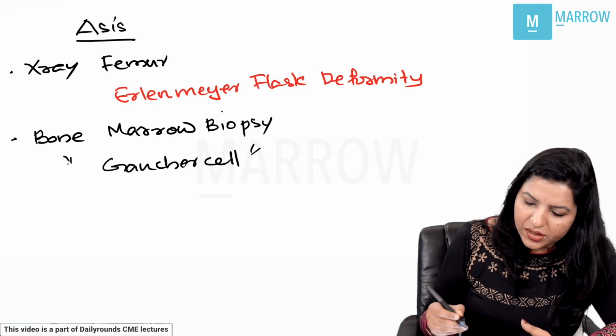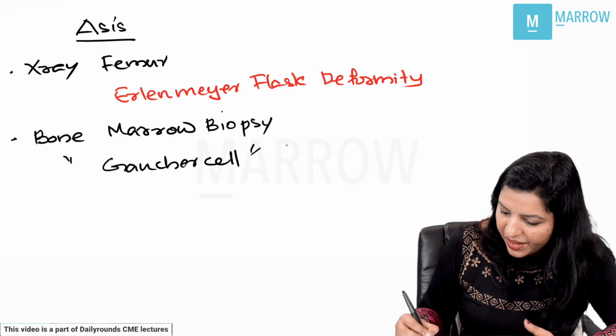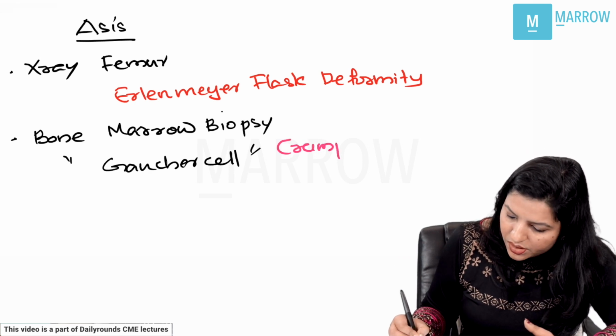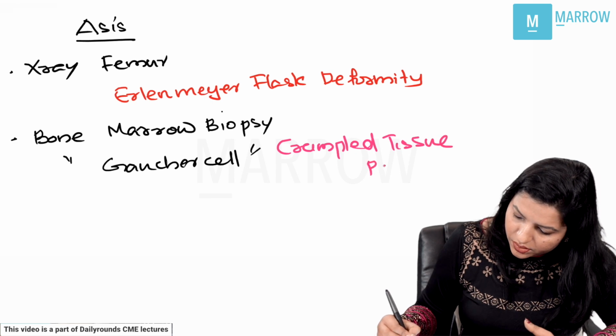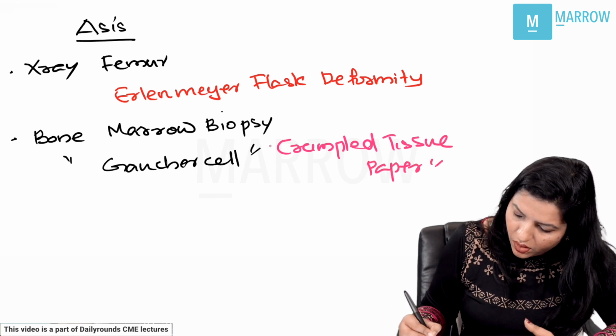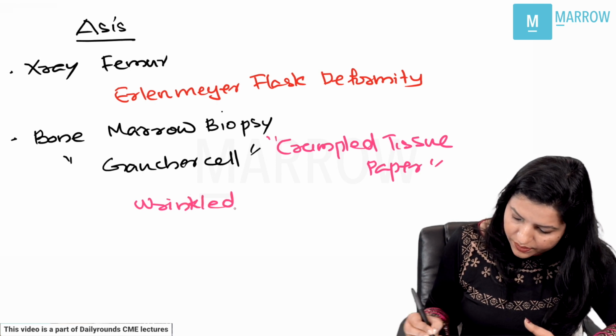This Gaucher cell has a crumpled tissue paper, or wrinkled paper, appearance.